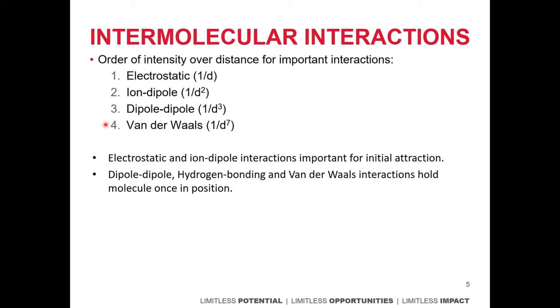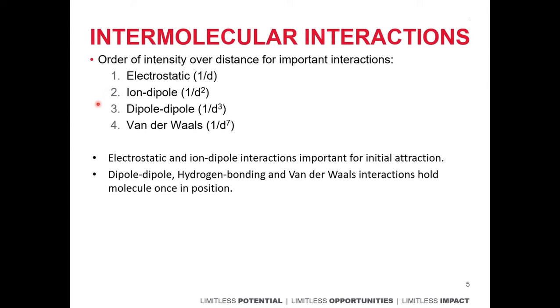Now, what this means is that an electrostatic interaction is the type of interaction that is felt most keenly over distance. Now, what this means is electrostatic interactions are key in driving the initial attraction between a drug target and its binding site. Now, ion dipole interactions are also felt keenly over distance, albeit not as far, and they can also play an important role in driving that initial attraction.